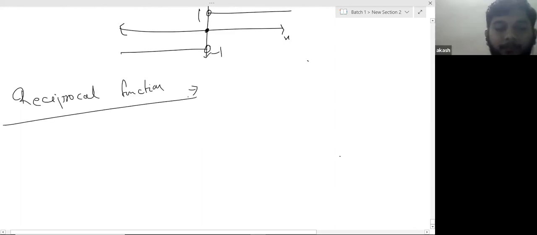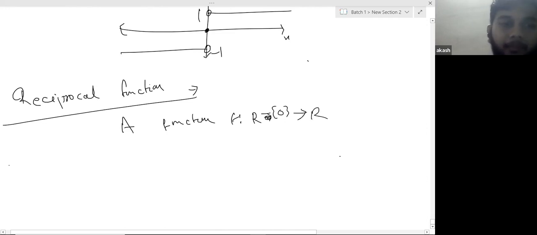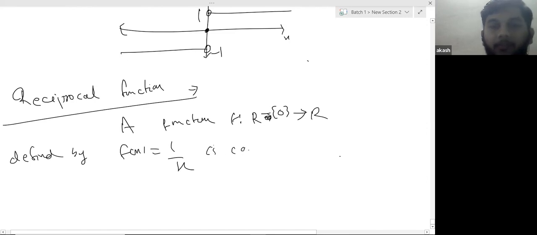Reciprocal function. The function f from R minus 0 to R defined by f of x equals to 1 upon x is called the reciprocal function.